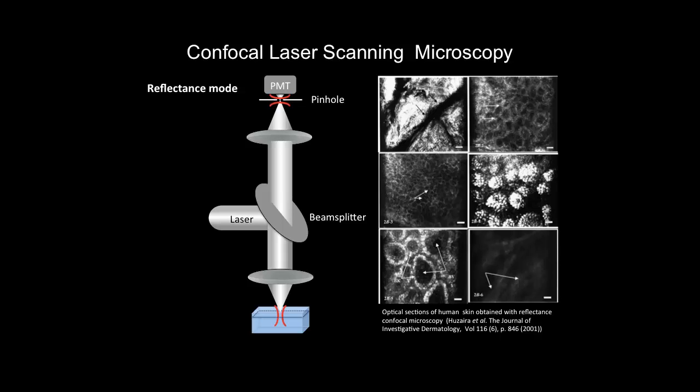But that's not the main problem, because I'm familiar with this particular application. For skin, you don't want to use too high of a power. You need low power. So the fact that there is some significant loss by the beam splitter here is not that critical. For other applications, it might be, but usually it's not.